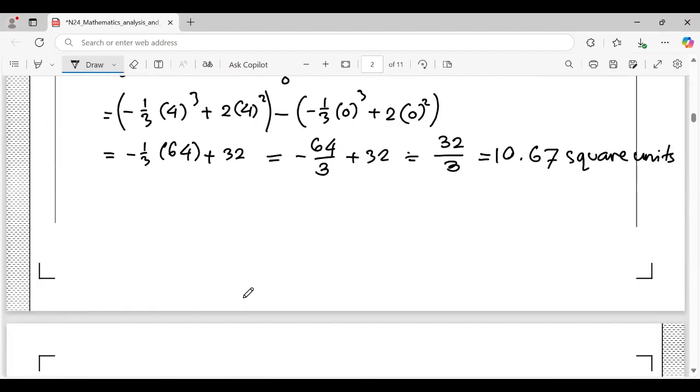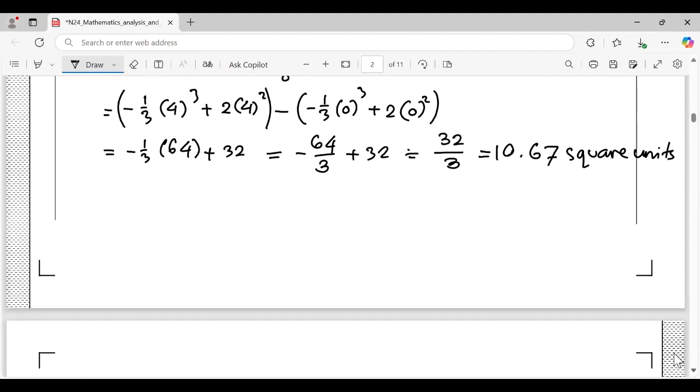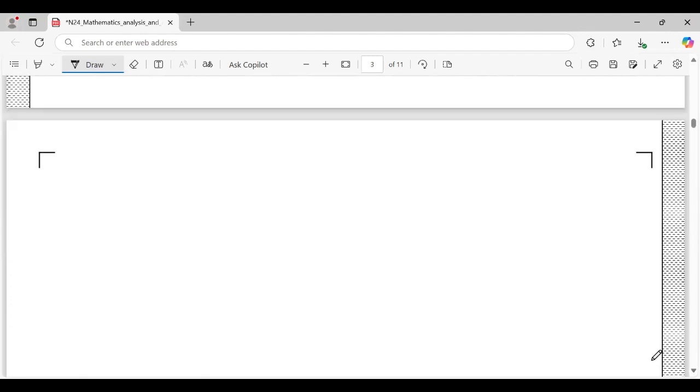Part E. Given that the function fx equals minus 2x plus 8, it means the gradient equals minus 2. This one, the gradient.